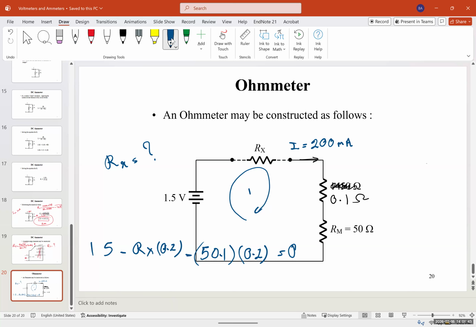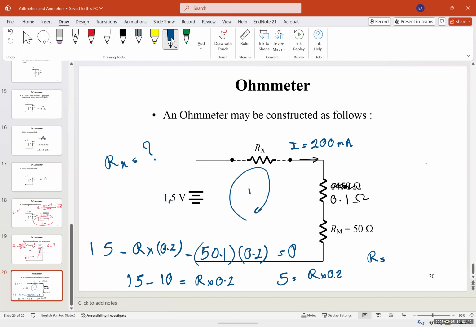But imagine if this is 15. Let's change this to 15 to make the numbers work. So 15 minus 50 times 0.2 gives us 10, which is equal to R times 0.2. So 5 is equal to R times 0.2.